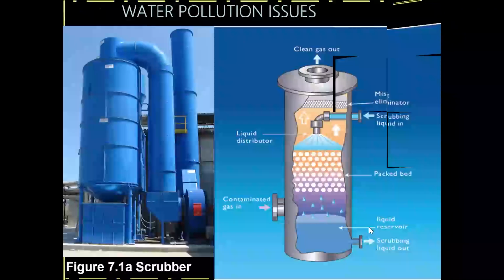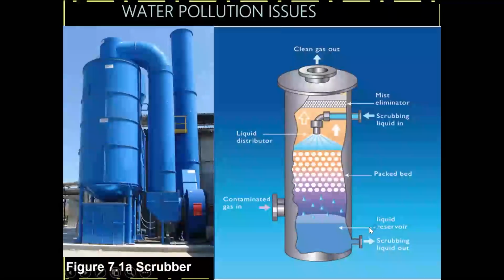You will look at this. This is pollution control. At the end of the day, we expect that clean gas will go out. So this scrubber is supposed to filter whichever thing is in the air. But at the same time, we are using water to do that.